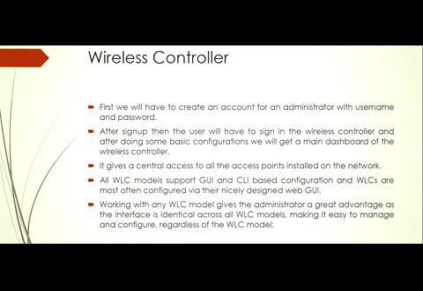Working with any WLC model gives the administrator a great advantage as the interface is identical across all WLC models, making it easy to manage and configure regardless of the model. Now these are some of the wireless controller configuration options for the administrator. Which way he uses depends on him.